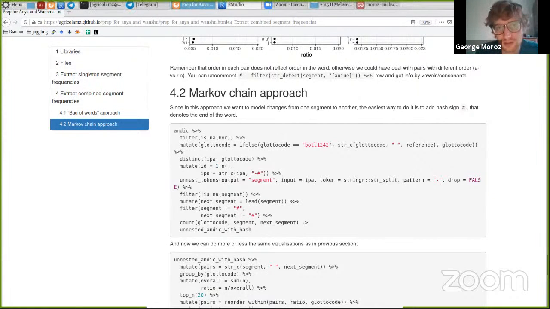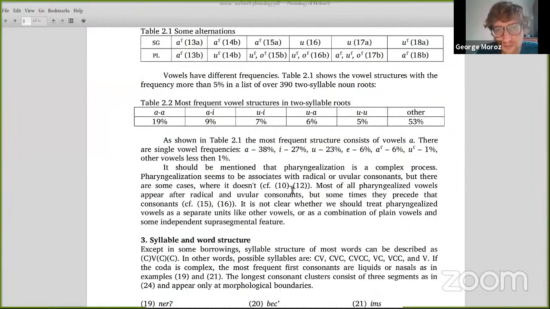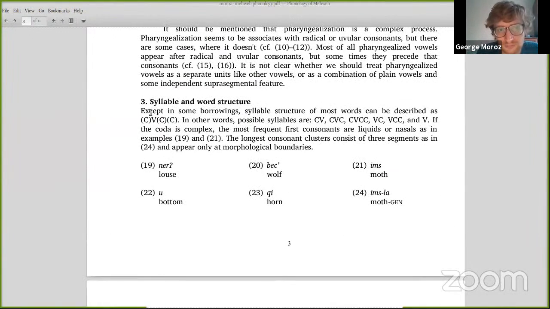We've spent some time analyzing this. In Dargwa, the syllable structure is more or less simple, like this.